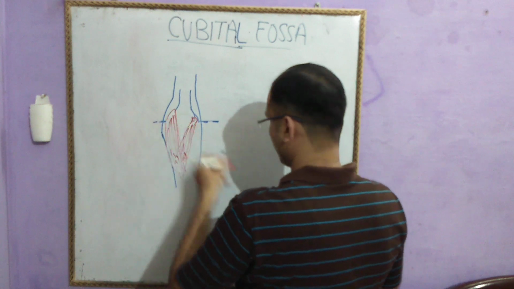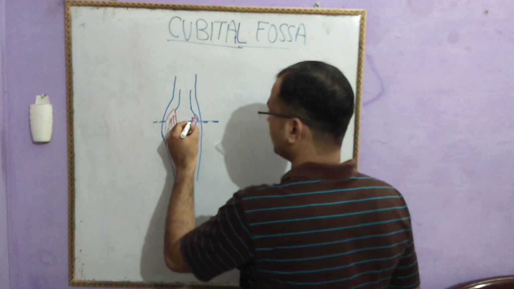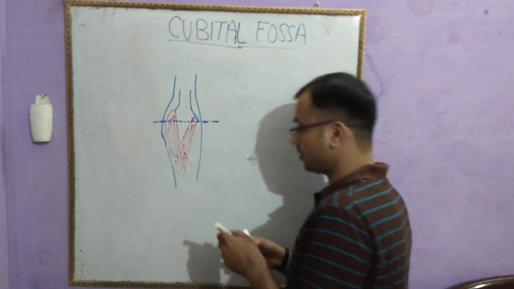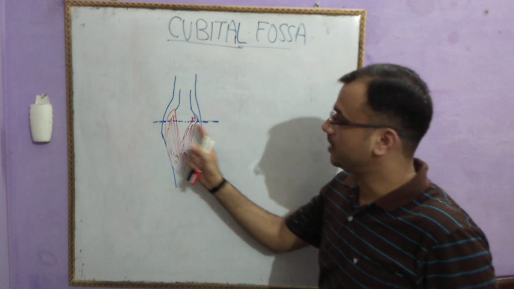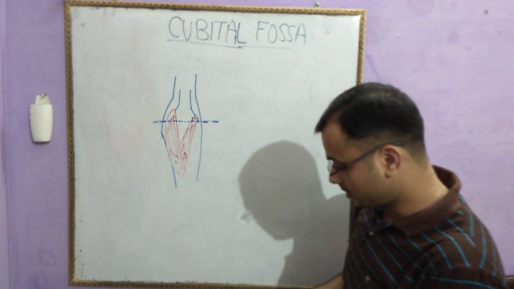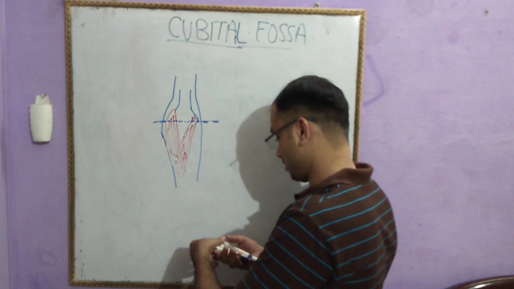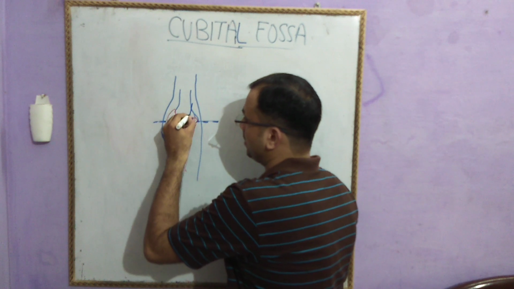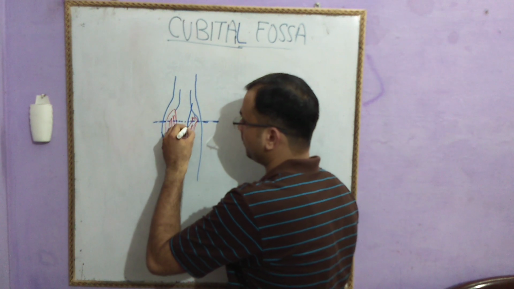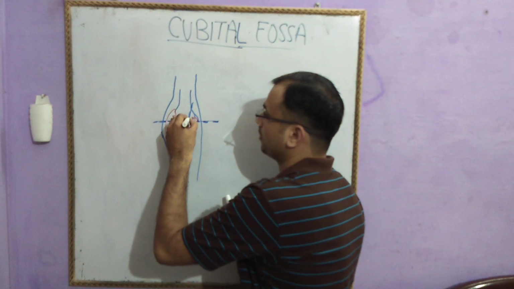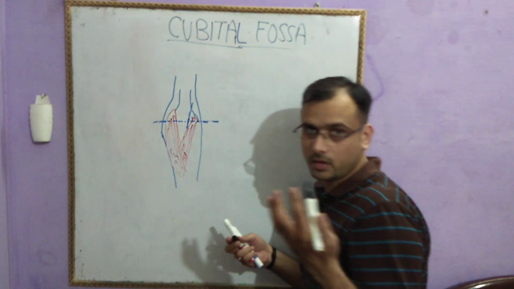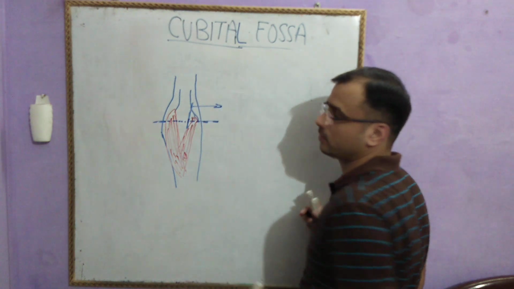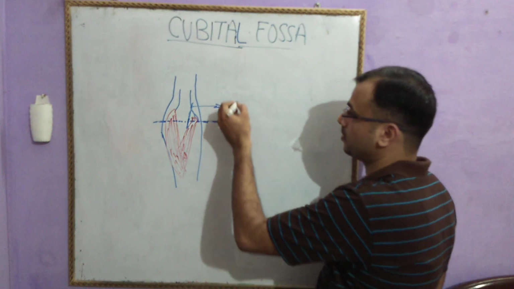Now we will talk about the contents of the cubital fossa. If we go from medial to lateral, here is the location of the median nerve. I do not have a different color for the nerve, vein and artery, so I will draw only in blue.